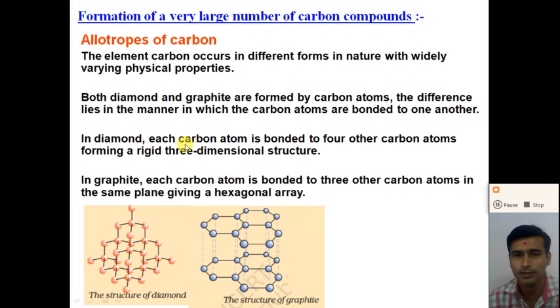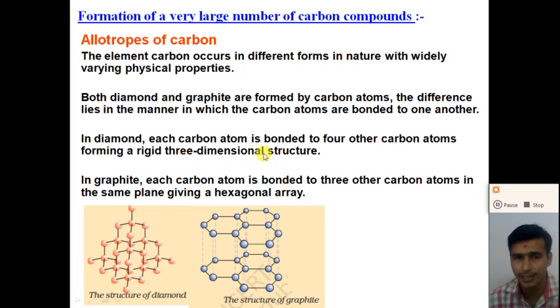So how many carbon atoms one carbon atom is bonded to determines the allotrope of carbon, right? In diamond, each carbon atom is bonded to four other carbon atoms, forming a rigid three-dimensional structure, right?